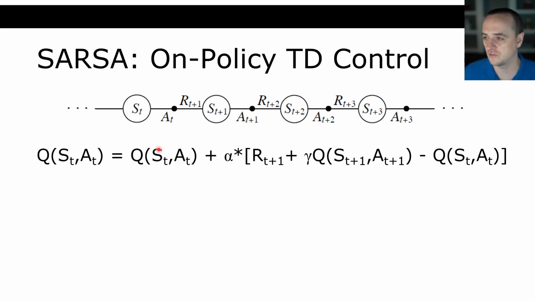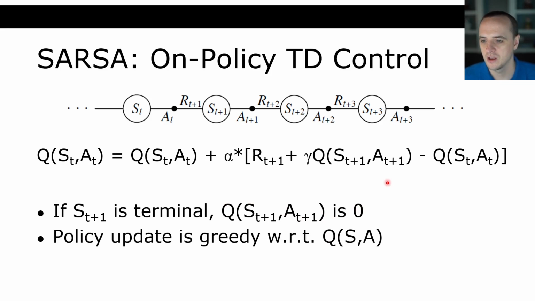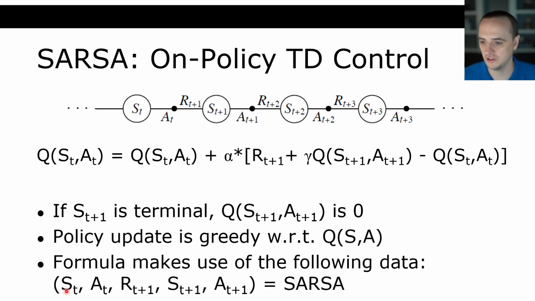Because it's the previous value plus alpha times the next reward and the value of the next state action pair. Easy. So if ST plus 1 is terminal, then the value of that is 0. That's the only other update. The policy update is going to be greedy with respect to Q of SA. And since we have ST, AT, RT plus 1, ST plus 1, and AT plus 1, SARSA is SARSA. Okay?